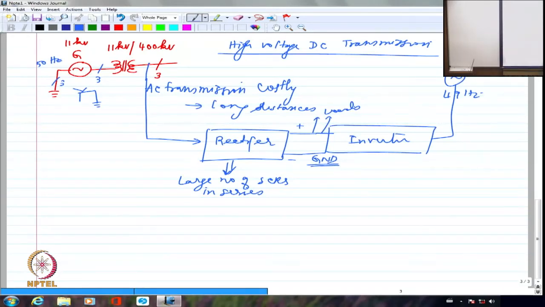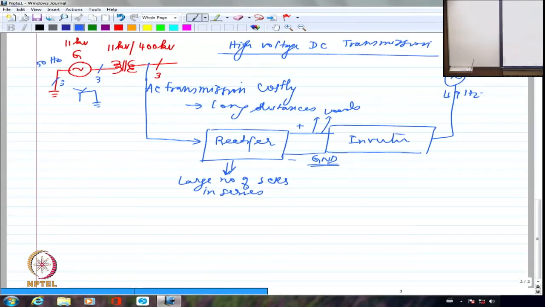So high voltage DC transmission systems invariably use light activated SCRs. They use light activated SCRs because light is in no way connected to electricity. I don't have to worry so much about isolation and so on. And it is a very, very high voltage and high power device. So inherently, if there is isolation, nothing like it.